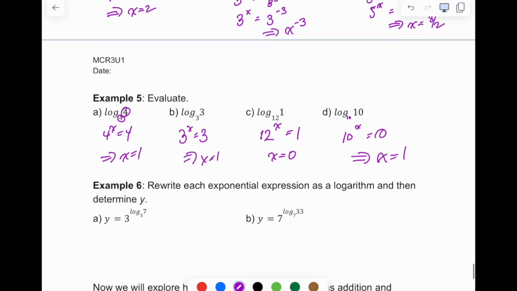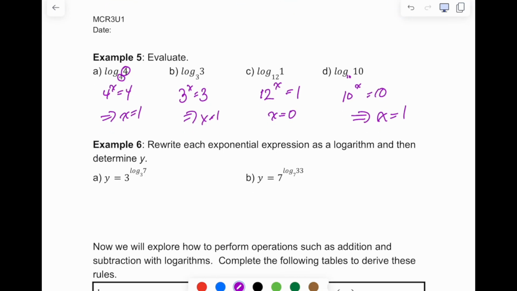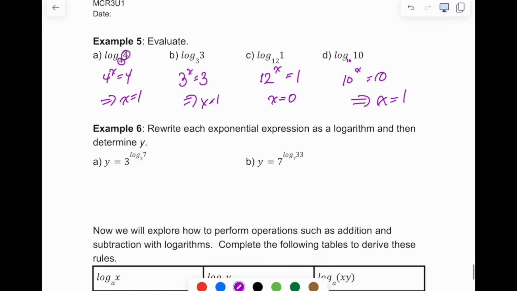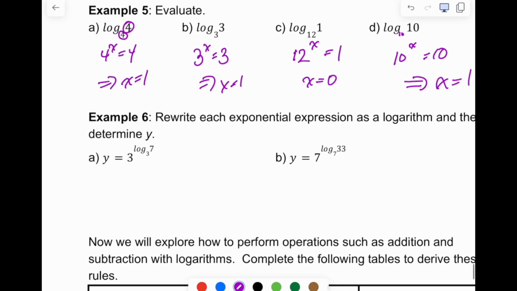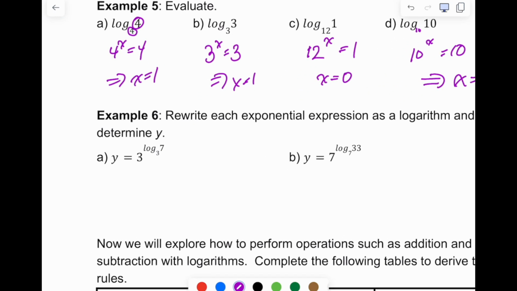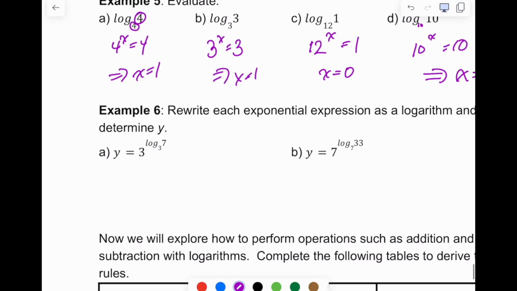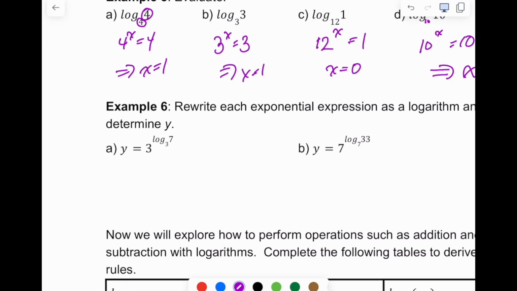All right. So we want to rewrite each of these expressions as a logarithm and then determine y. So first is that we take this, because this looks weird. We have 3 to the power of log. So our log is in our exponent, all right? But what we want to do is just break down our power. So here's our base, and there's our exponent.